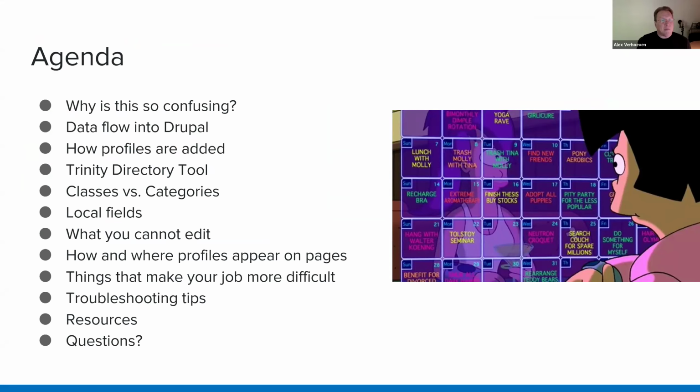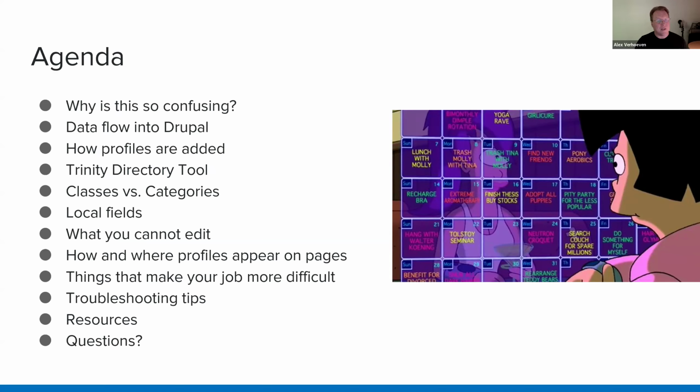All right, today we'll be talking about a number of different topics related to member profile management. We'll talk about why it's so confusing to manage these profiles. We'll talk about how data flows into your Drupal website, how profiles are added. We'll talk a bit about Trinity Directory Tool and how that fits into the workflow and how content is managed in there. We'll discuss classes and categories that are part of the profiles.